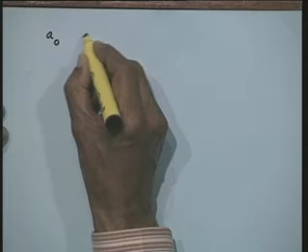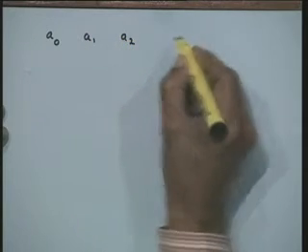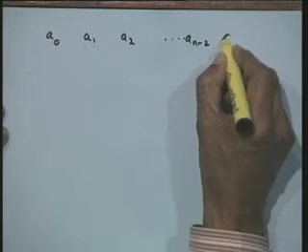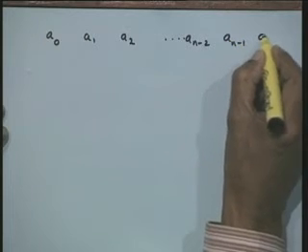Now, let us write this in what is known as the synthetic division procedure. What I would do here is write down all the coefficients of the polynomial in order: a naught, a1, a2, and so on, an minus 2, an minus 1, an.